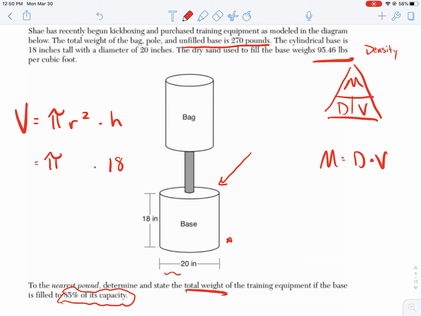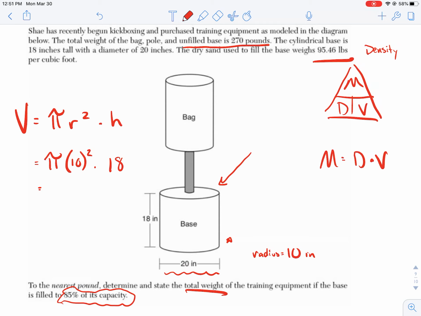They give us its height, which is 18. But what we need is our radius. They give us our diameter. Don't forget our diameter is just twice the radius. So when you divide 20 by 2, that gives us 10. So our radius is 10.